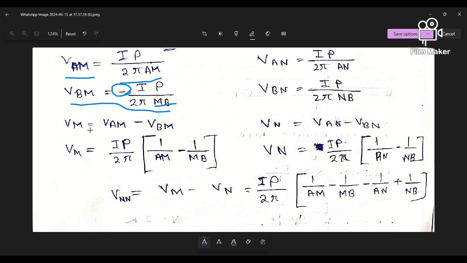So the voltage at the M potential electrode is VAM minus VBM.